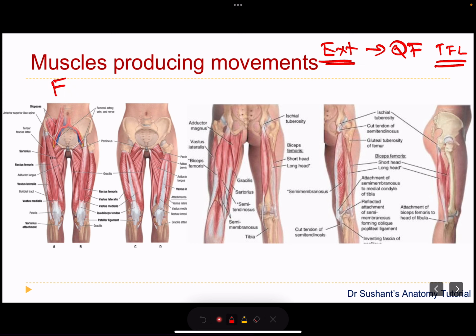Now, what about the flexion? The prime movers of flexion of the knee joint are the semimembranosus, semitendinosus, and biceps femoris. That is the hamstrings, right? The hamstring muscles.